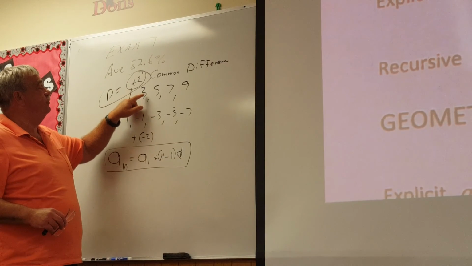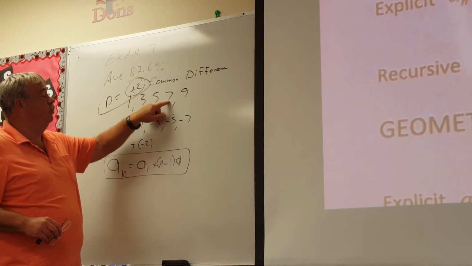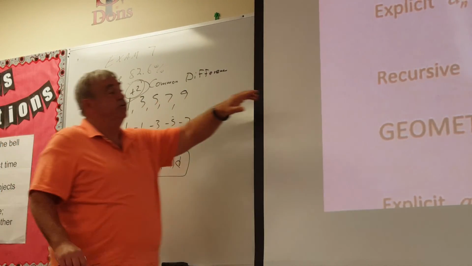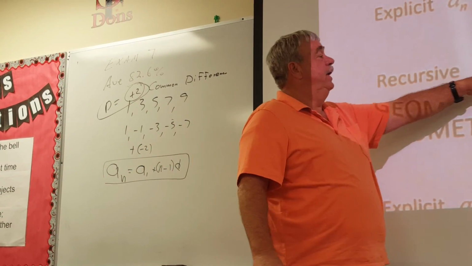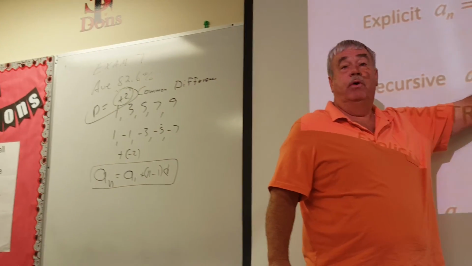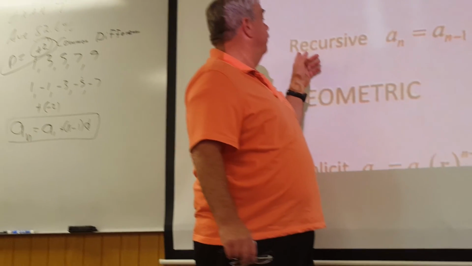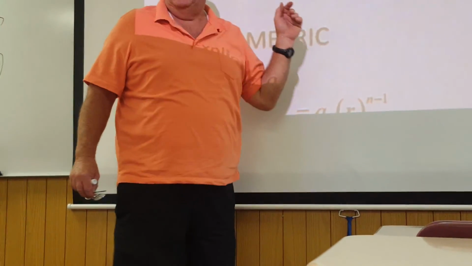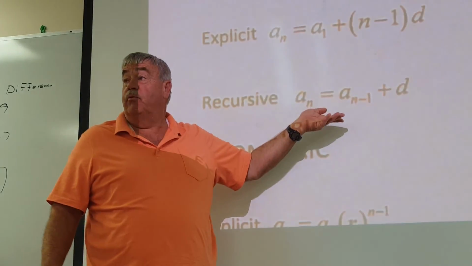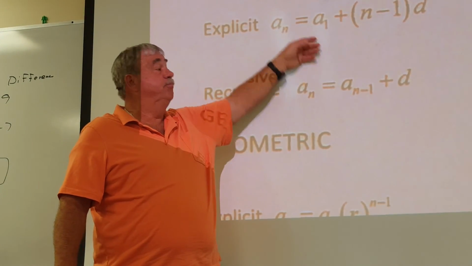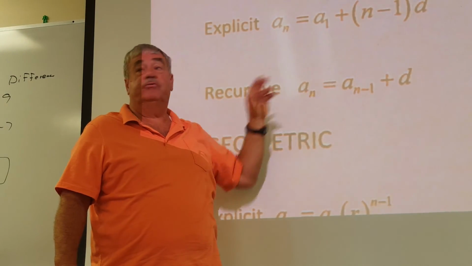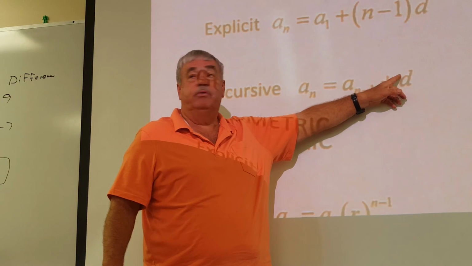This is 3 plus 2, 5 plus 2, 7 plus 2. So your next term is the term in front of it plus whatever the difference is. That's called the recursive formula, okay? You are going to have to write this and this, but you're going to replace them with numbers, okay? This one you just replace with the difference.